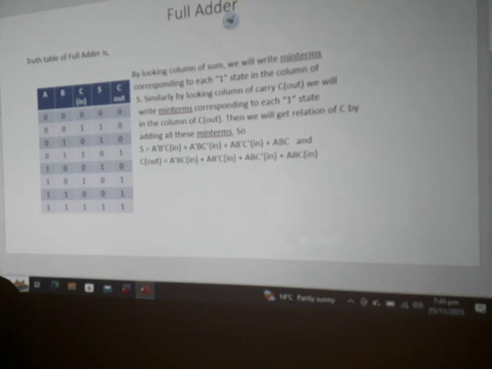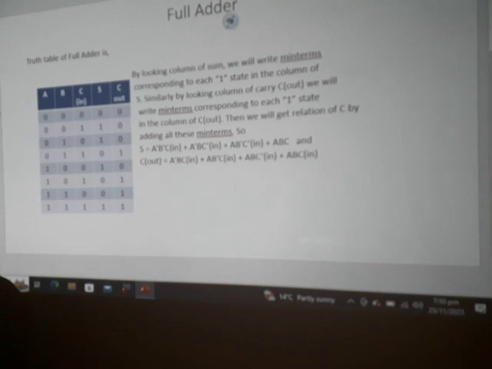Similarly, if we want to write the relation of C out, carry out, again we will see where C out is 1. Then we will write the corresponding minterm, and in this way, by adding all these minterms, we will get C out.